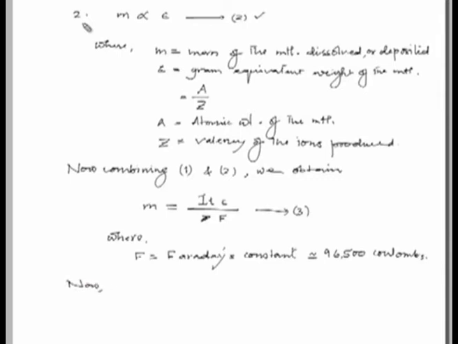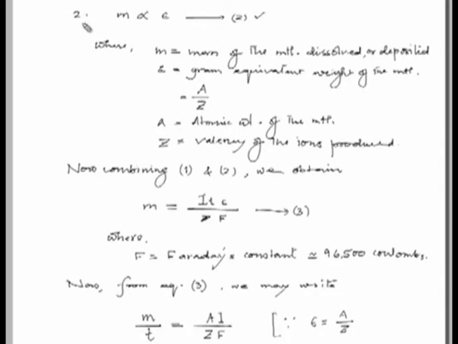Now, from equation 3, we may write m by T is equal to A I by Z F, since we already know epsilon is equivalent to A by Z. Therefore, this epsilon is being replaced here by A by Z. This term, m by T, is nothing but the rate of removal of material per unit time.